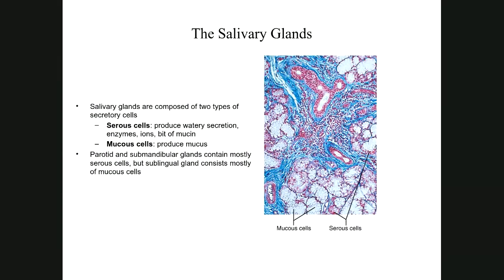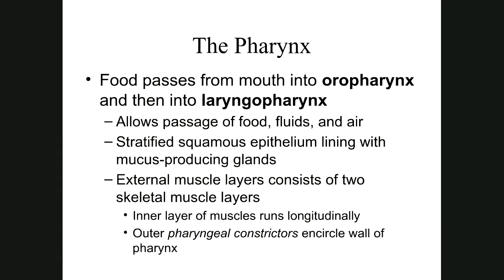We are moving to the next organ, the pharynx. The food passes from the mouth into the oropharynx and then into the laryngopharynx. So the pharynx allows passage of food, fluid, and air. It is made of stratified squamous epithelium, lined with mucus-producing glands.